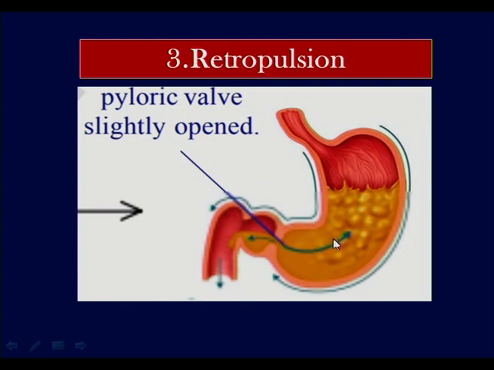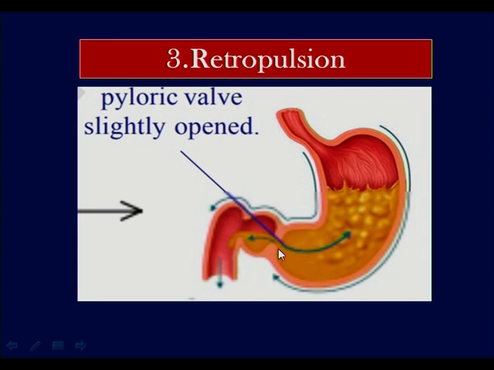During the process of retropulsion, after the complete digestion in the stomach, what happens to this pyloric valve? It is relaxed. As it receives signals from the brain, it relaxes a bit. During this time, the contents present in the stomach become a soft slurry mass or porridge-like material called chyme.